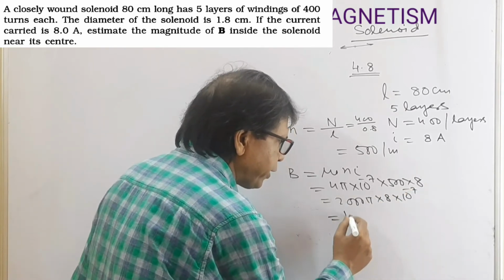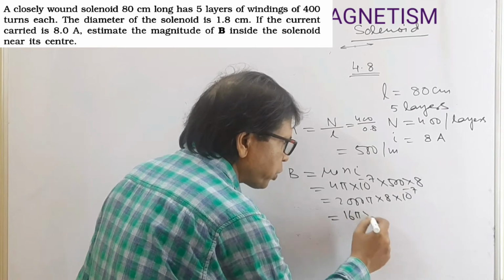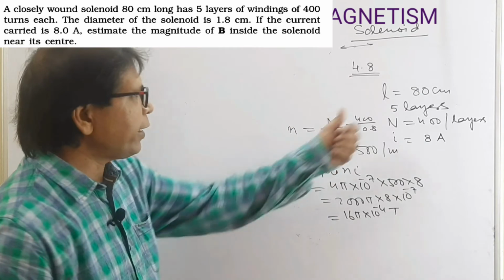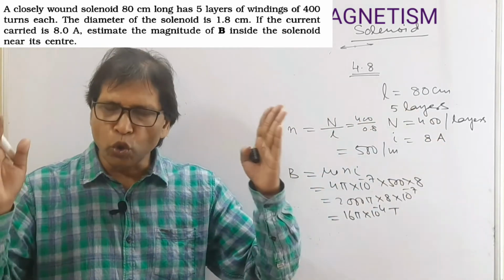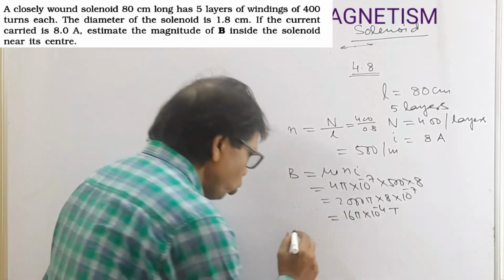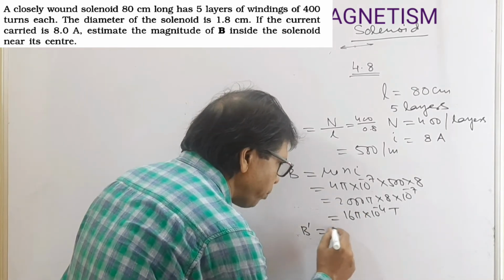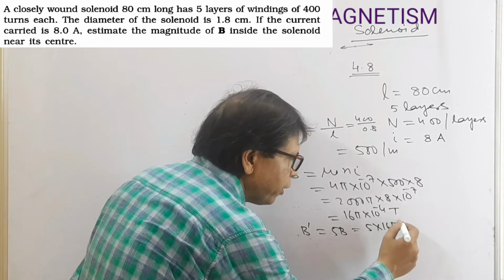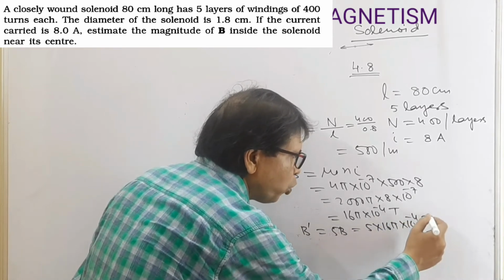So this is 16 pi into 10 to the power minus 4 Tesla. As it has 5 layers, the total magnetic field is 5 times this. So B dash is equal to 5B. So this is 5 into 16 pi into 10 to the power minus 4 Tesla.